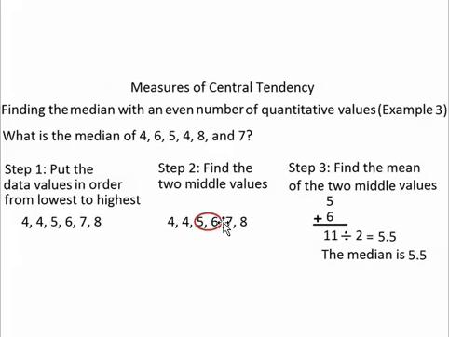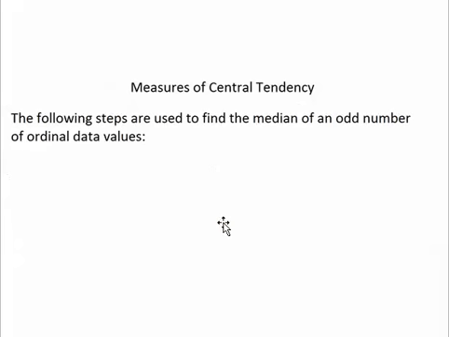We already found the median of an odd number of quantitative values and an even number of quantitative values. Now let's go through an example of finding the median of a set of ordinal data. And I said that if your data is ordinal, you can only find the median if you have an odd number of values.